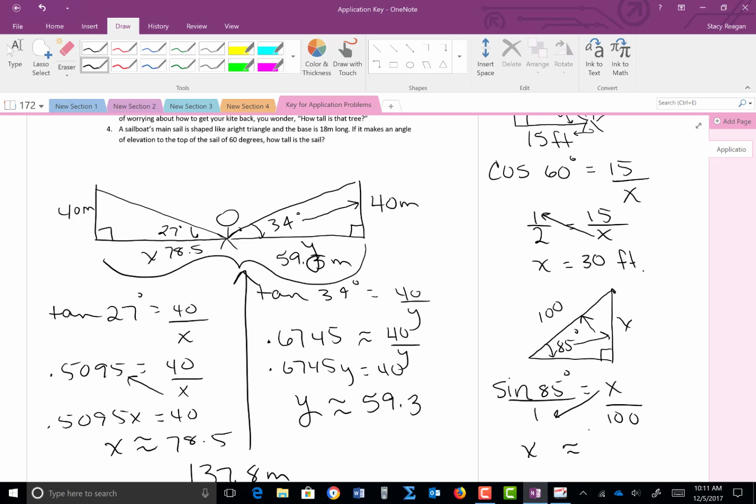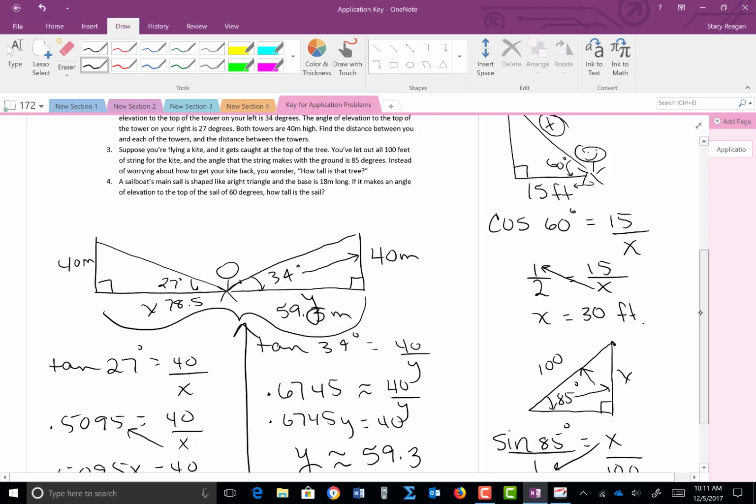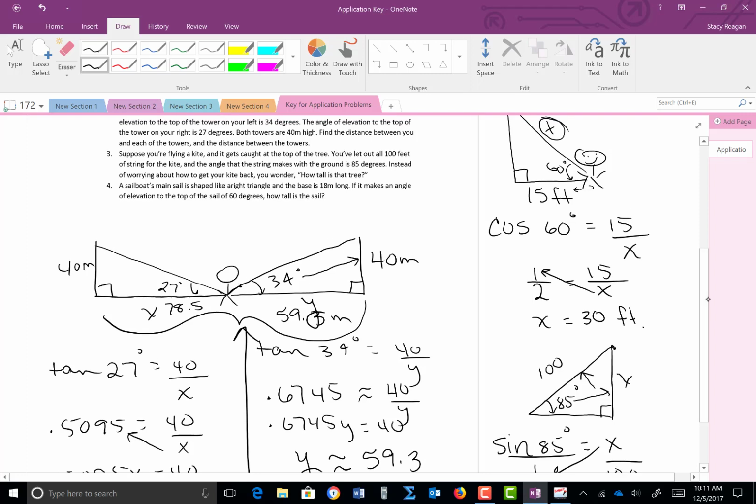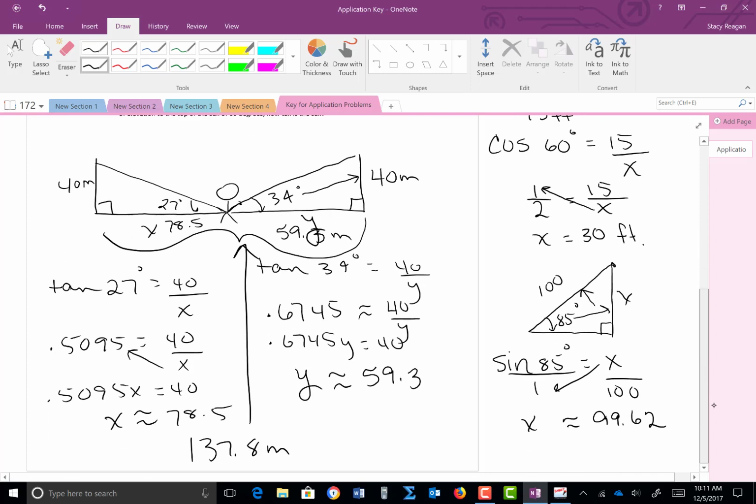So I'm going to keep all that in my calculator and say times 100. It comes out to 99.62 feet. So that's the answer to that one.